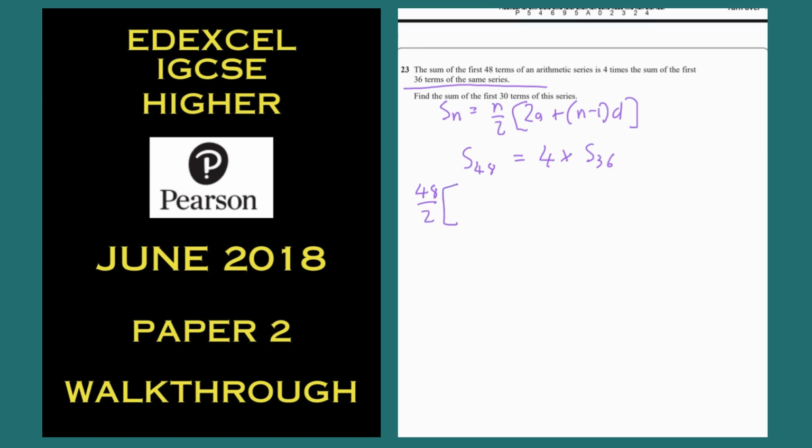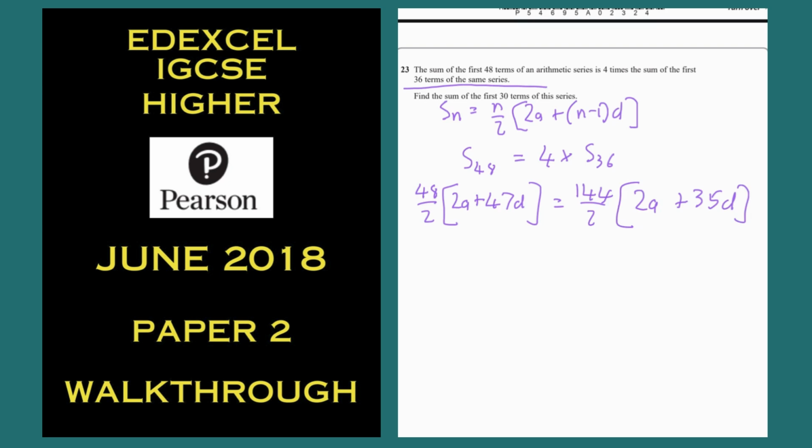We'll tidy that up in a bit. 2 lots of a, nothing we can do there. 48 subtract 1, so 47d is equal, so 4 lots of n is 144. Don't forget halved. And we've also got 2a and n minus 1 is 35d.